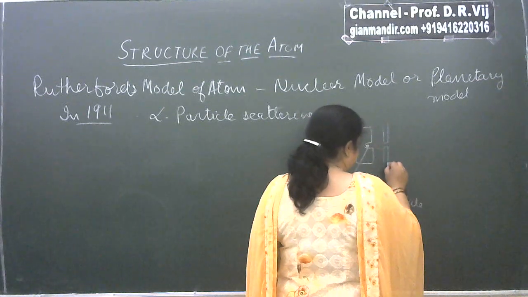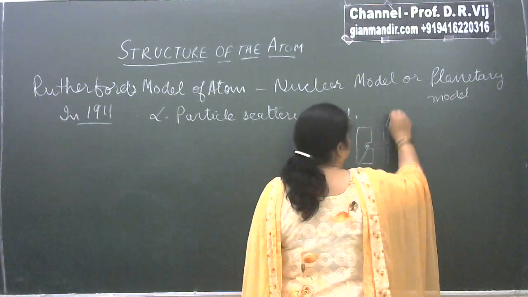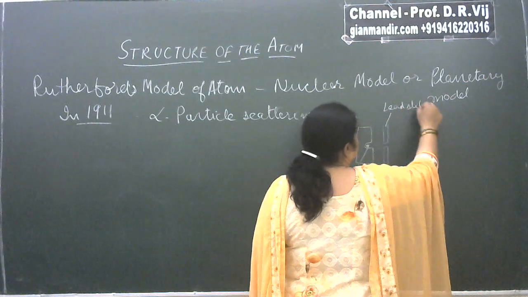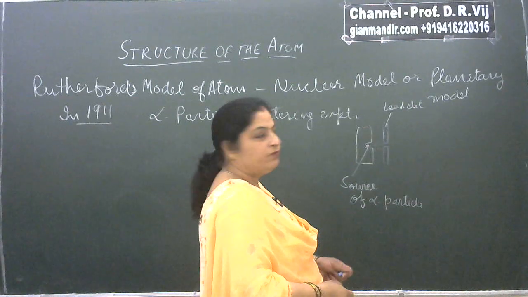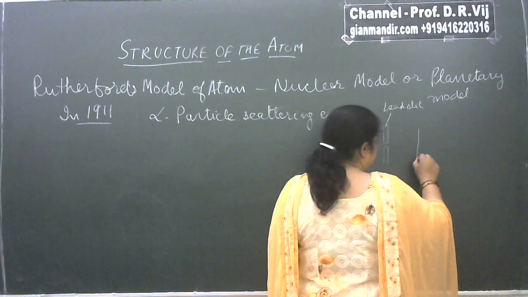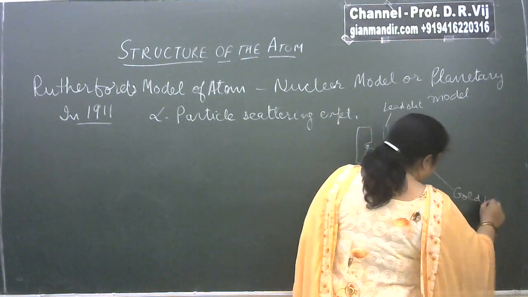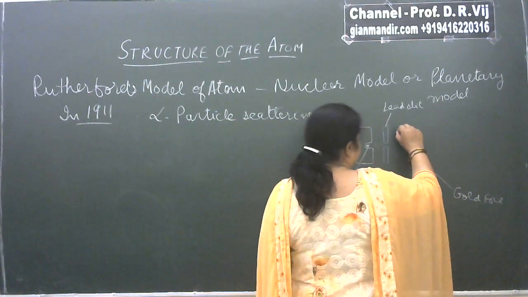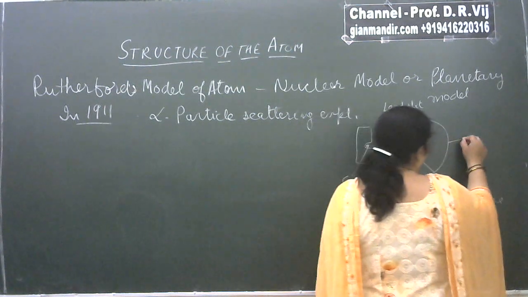He took a lead slit, which converts the rays of alpha particles into a narrow beam. Then in front of this he put a very thin gold foil, and this gold foil was surrounded with a zinc sulfide screen.